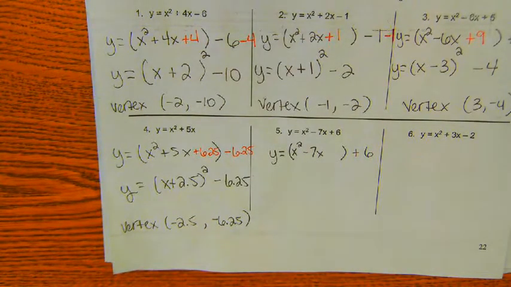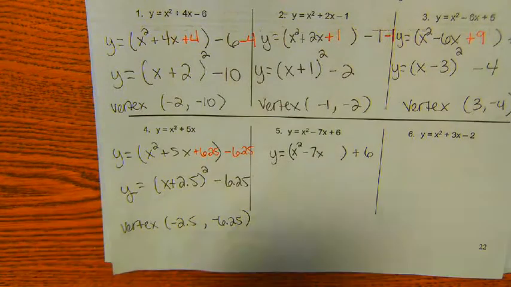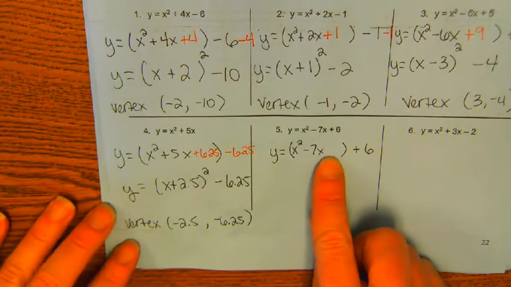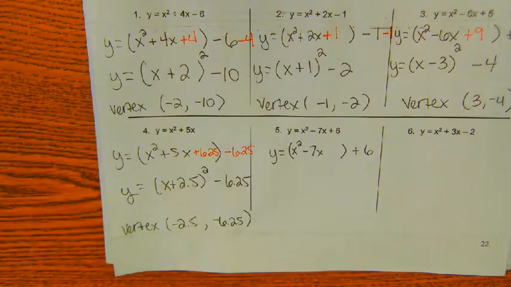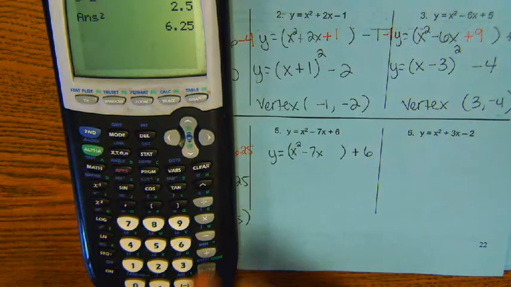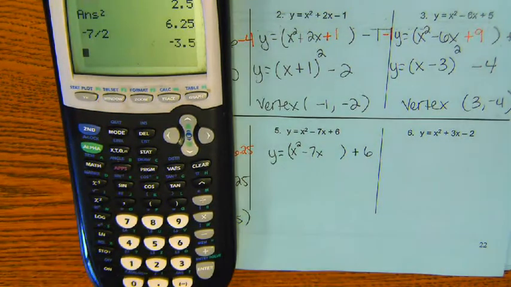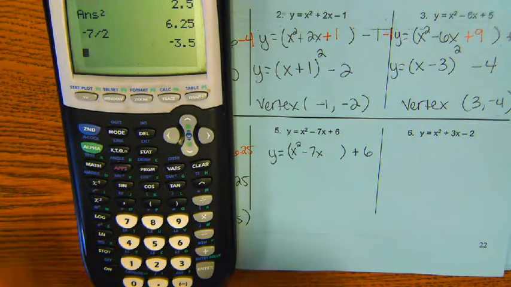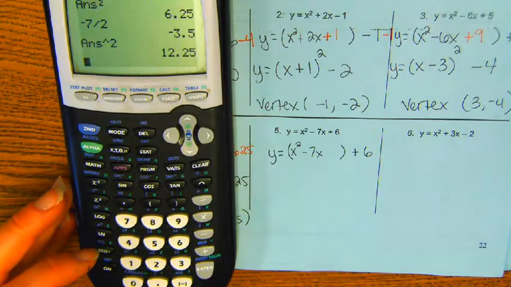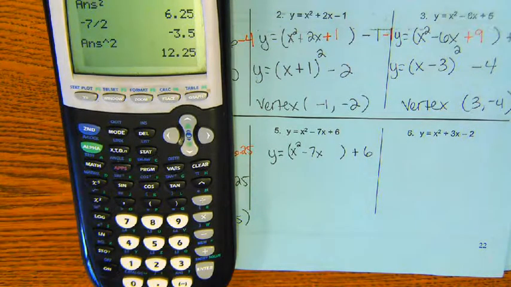Bobby, what do I do next? I can't factor it yet because there's some space there. Awesome. Half of -7. And then I square it. I got 12.25. Okay. So Anthony, what am I going to do with that 12.25?